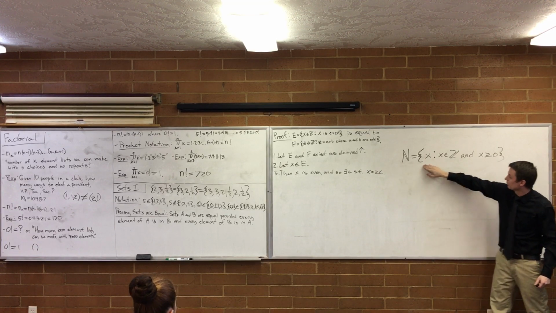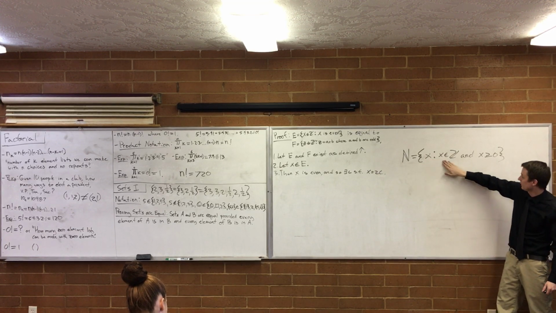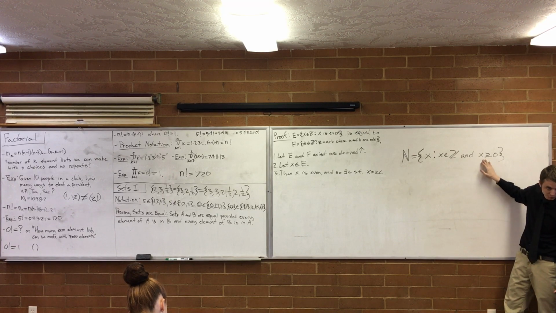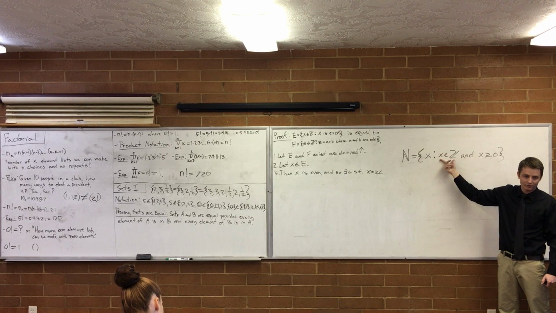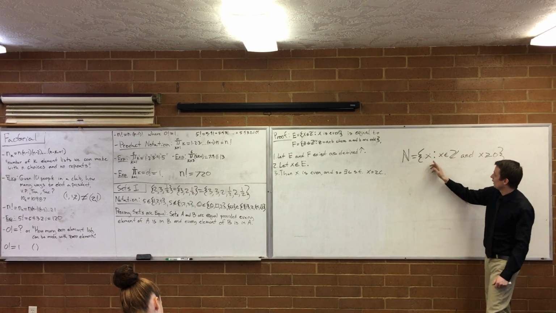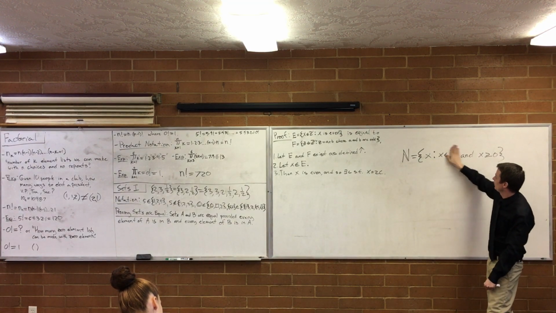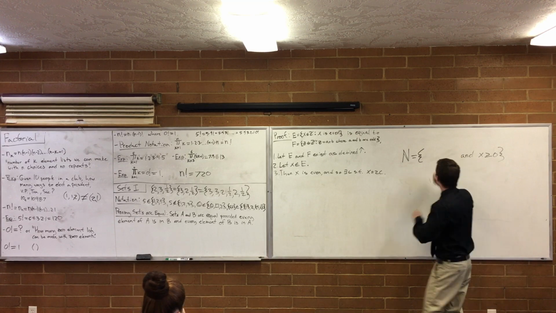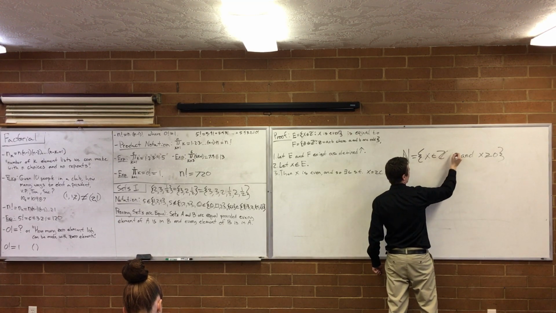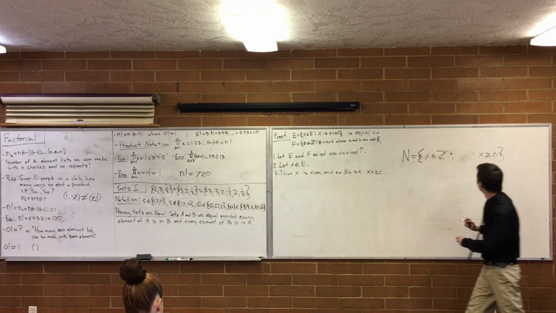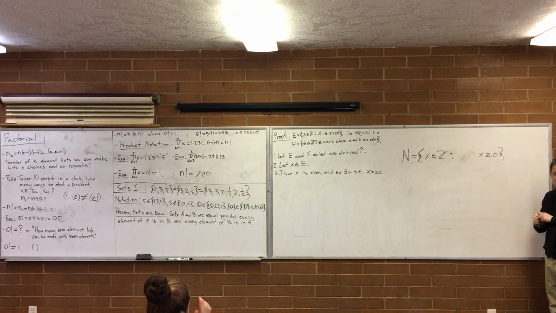The natural numbers are the set of all x where x is an integer and x is greater than or equal to 0. A lot of the time we specify that x comes from some other set, and so instead of writing x such that x is in here, we often write N is the set of all integers x such that x is greater than or equal to 0.